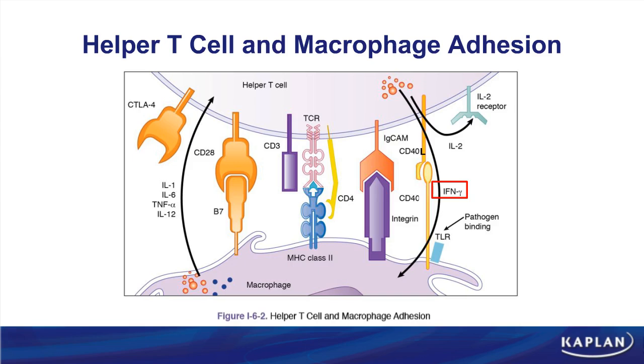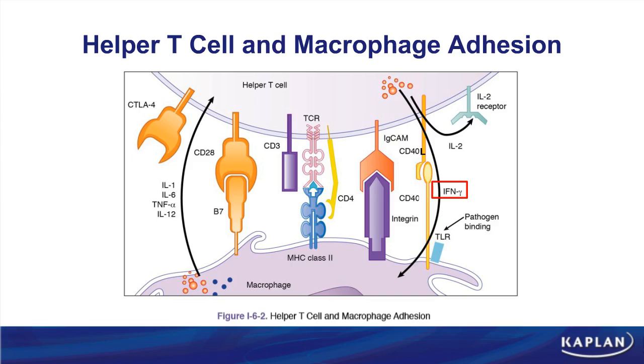I remember Dr. Moscatello talking to you about this, how you can take a mild-mannered antigen-presenting cell like a macrophage, give it a little interferon gamma, and it turns into a raging killer. So again, all of this is going to lead to enhanced cell-mediated immunity.